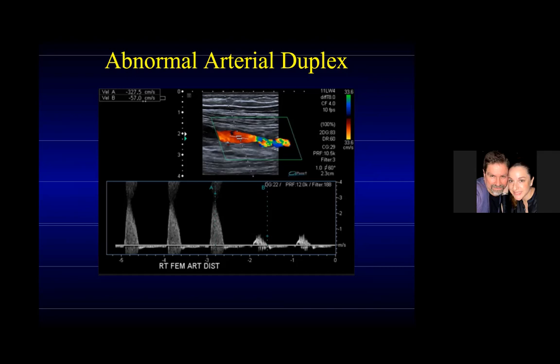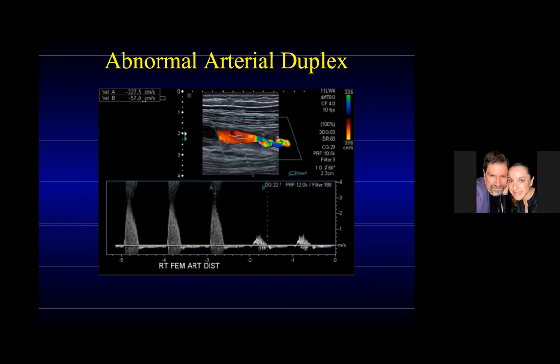Same thing happens in us. If our pipes are narrowed, the velocity increases. And after that velocity increase, there is a drop of pressure beyond that. Usually what happens is you'll see somebody that goes from 50 centimeters per second into their stenosis to 350 centimeters per second.